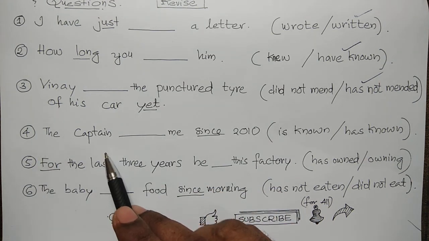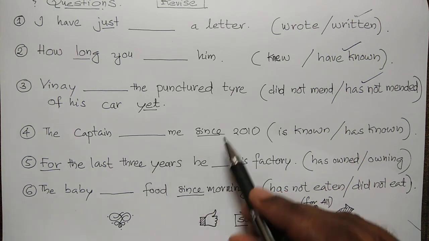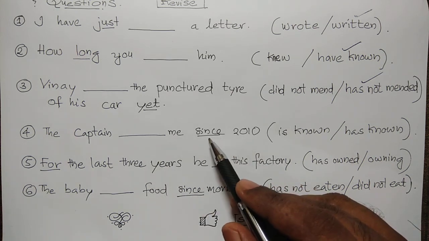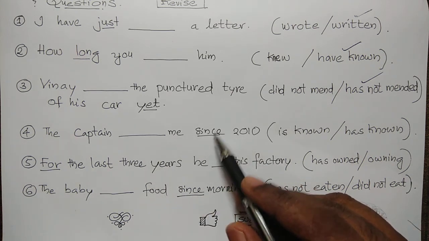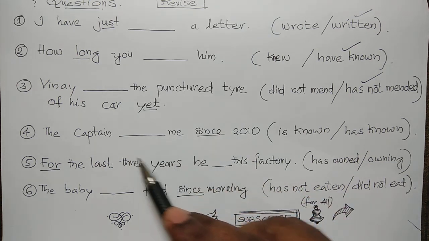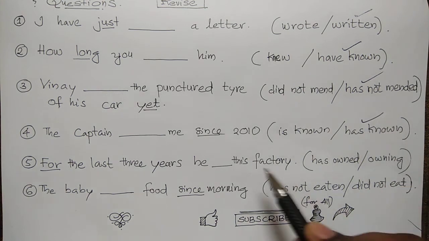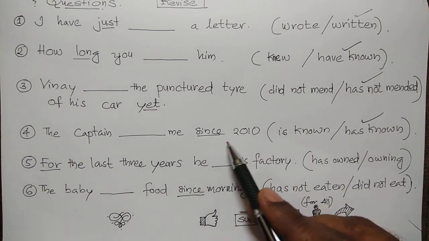Fourth, the captain dash me since 2010. Since is the word that we already discussed. So present perfect. So has plus V3 form, that is has known. The captain has known me since 2010.